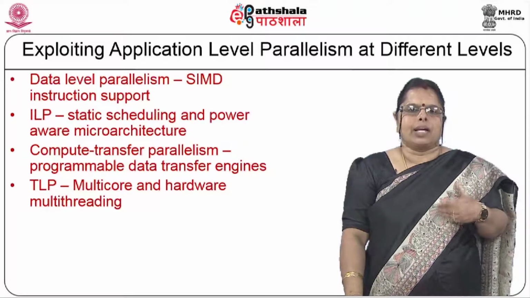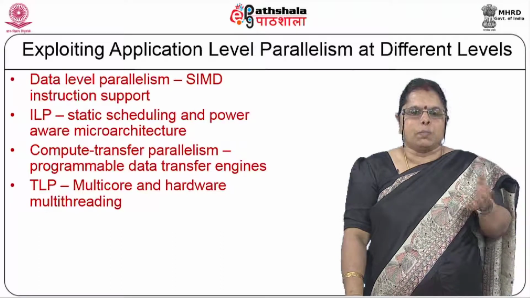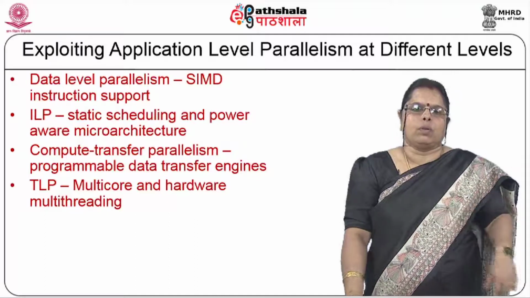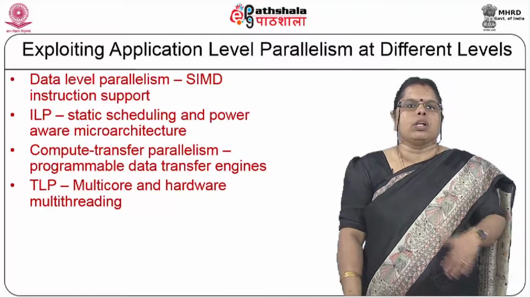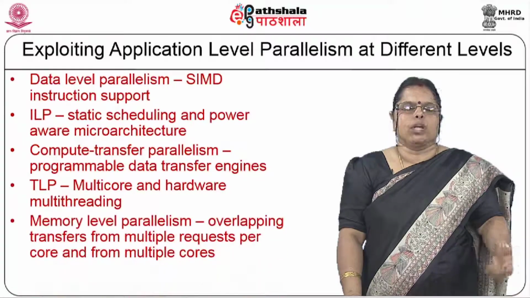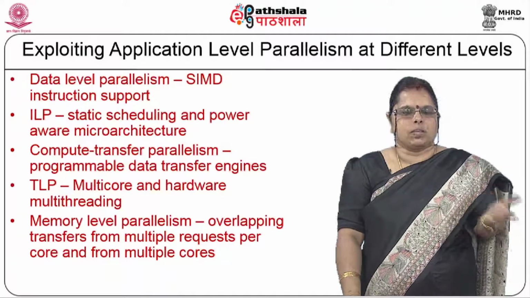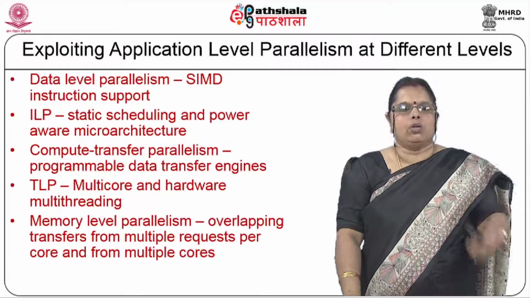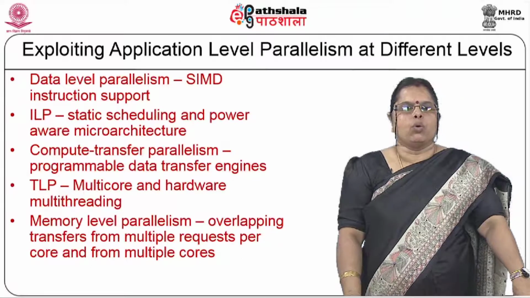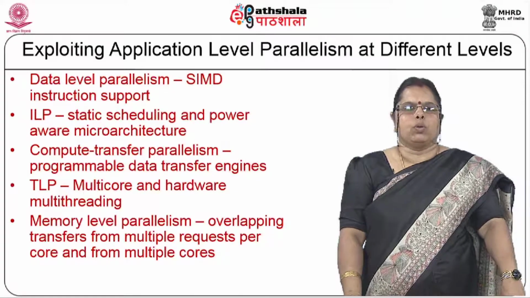So, ILP with static scheduling and power aware microarchitecture, and because of the compute operations happening parallelly along with the transfers that can happen on your DMA, you also have compute transfer parallelism, and there is also thread level parallelism support because you can have multiple threads of execution, because it is basically a multi-core. So, you can have support for multiple threads of execution, and you also have support for hardware multi-threading. And memory level parallelism, because you can overlap the transfers from multiple requests per core and also from multiple cores.